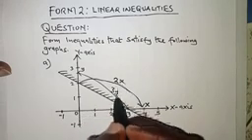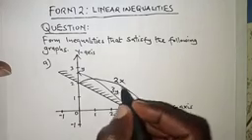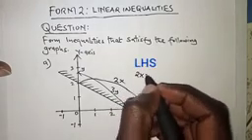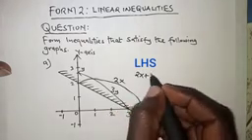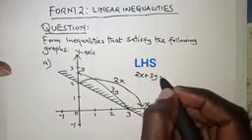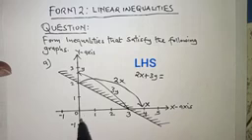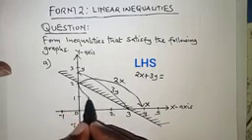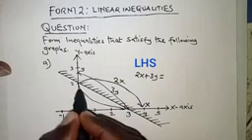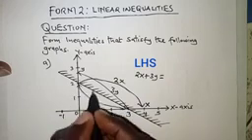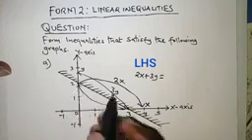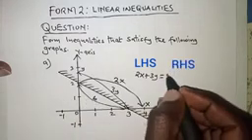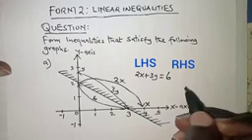On the left hand side we have 2x plus 3y, and on the right hand side we will have the value of the x-intercept multiplied by the value of the y-intercept. That should give us 2 times 3, and that is 6. So equate it to positive 6.